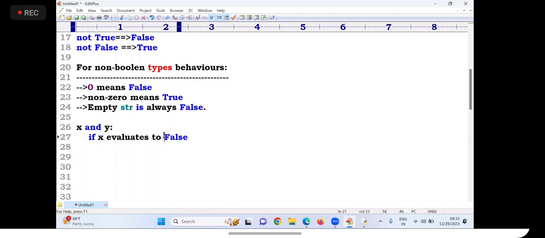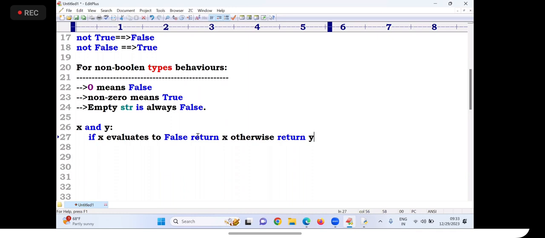If X value is false, what do I have to return? X. Otherwise, you have to return Y. Read line 27, then you will get clarity.